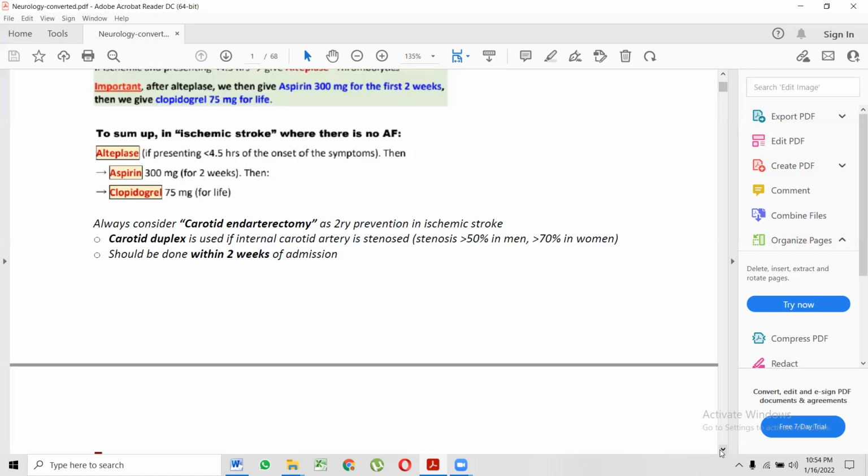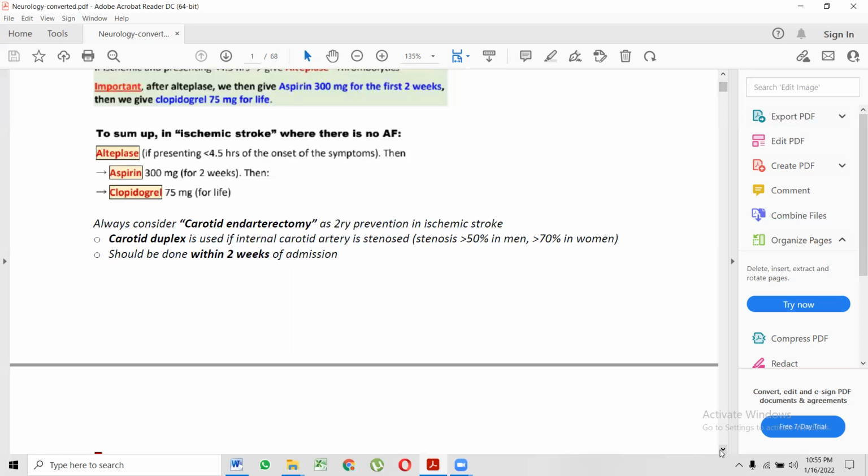Carotid duplex or carotid Doppler ultrasound of carotid arteries is done in patients with strokes. As we have already discussed, the stroke can be due to a traveling thrombus from the heart.